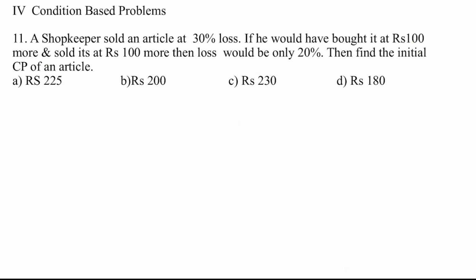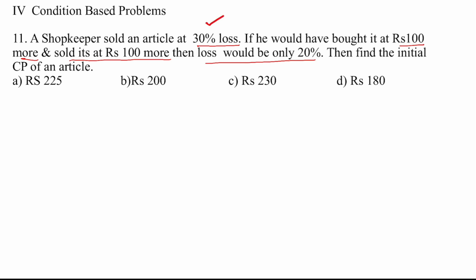A shopkeeper sold an article at 30% loss. If he would have bought it at rupees 100 more and sold it at rupees 100 more, then the loss would be only 20%. So initially he sold an article with 30% loss.